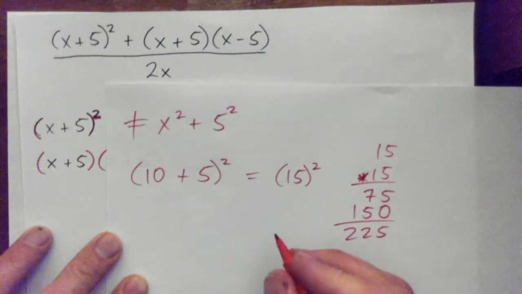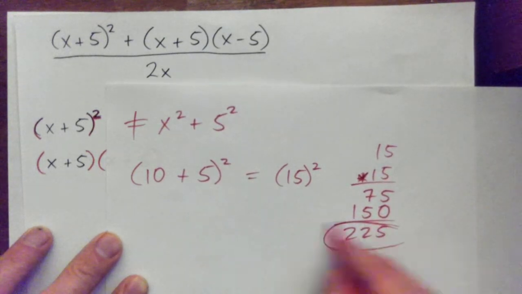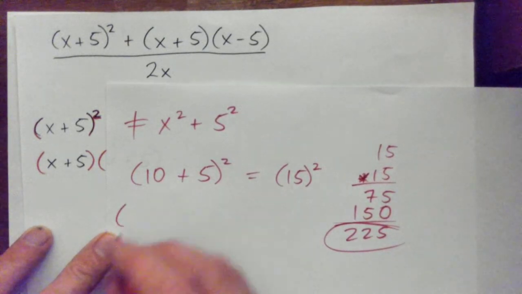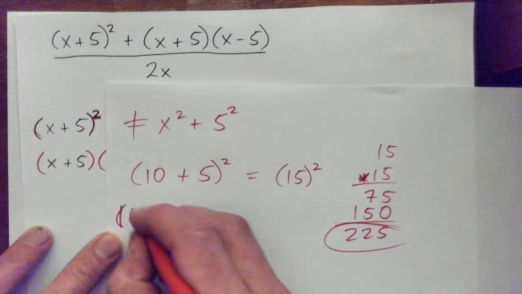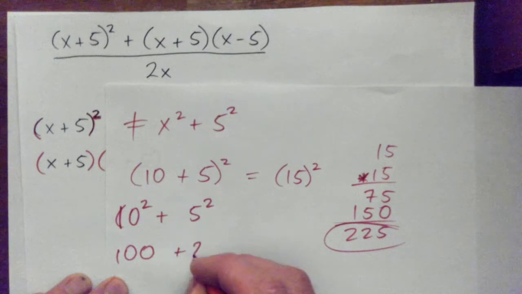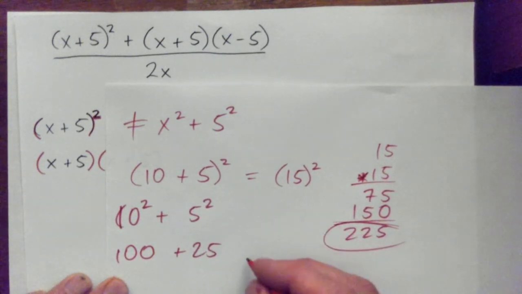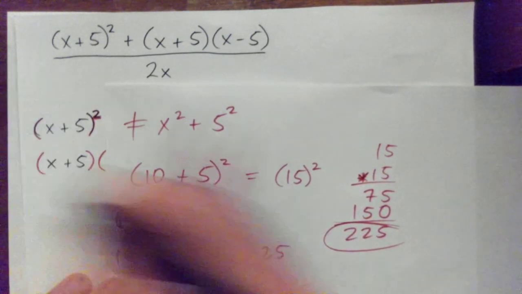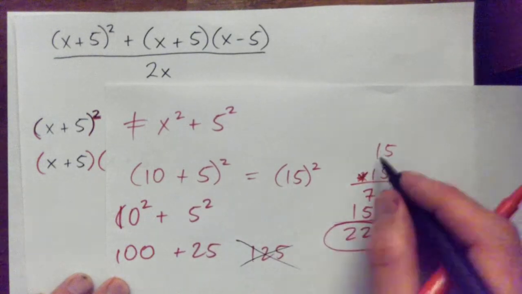So the answer should be 225, and if we just say it's 10 squared plus 5 squared, we don't get that, because we get 100 plus 25, which is 125, which is wrong, because it should be 225. Does that make sense?